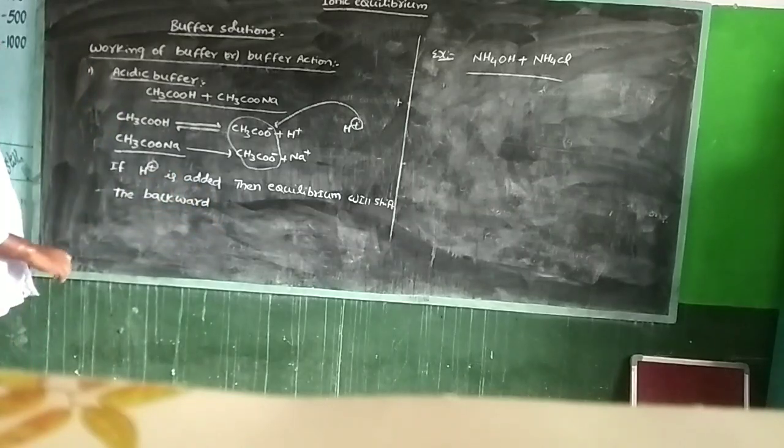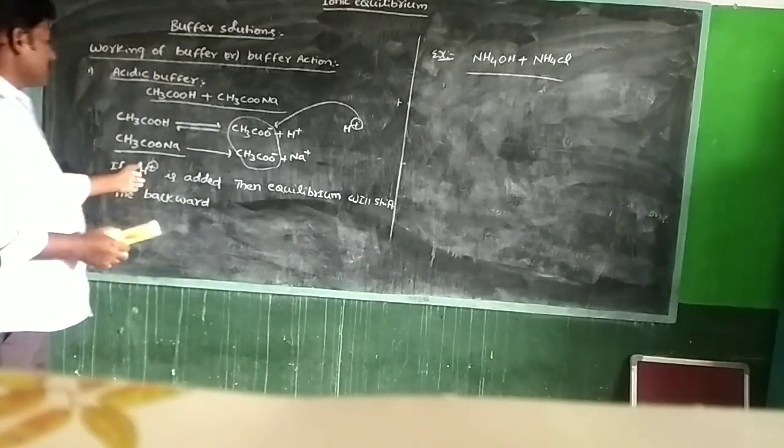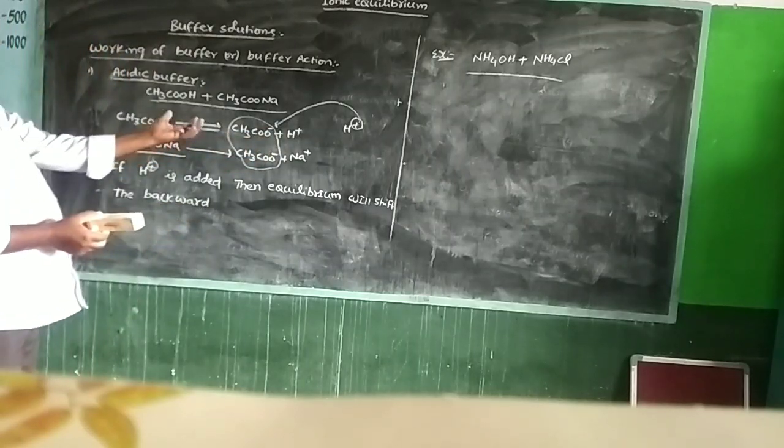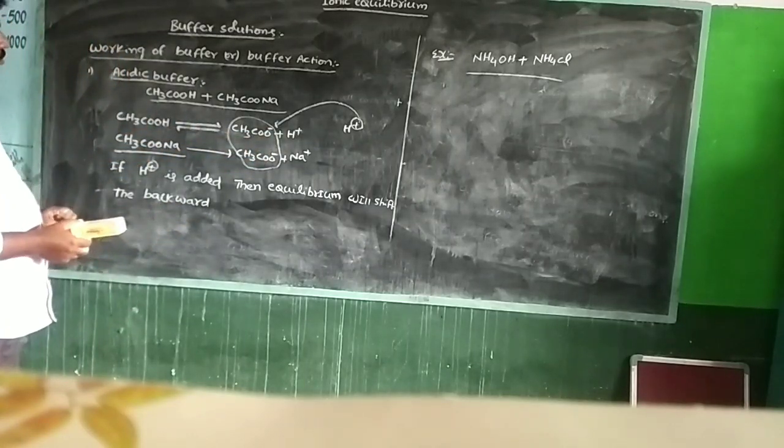Backward. Which direction? When H plus is added, CH3COO minus plus H plus gives what? CH3COOH.